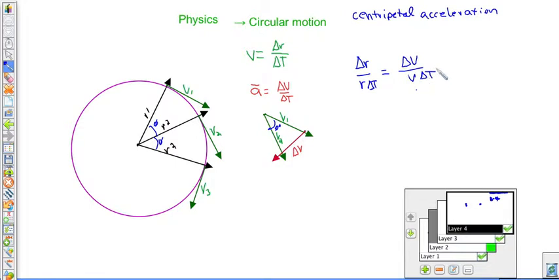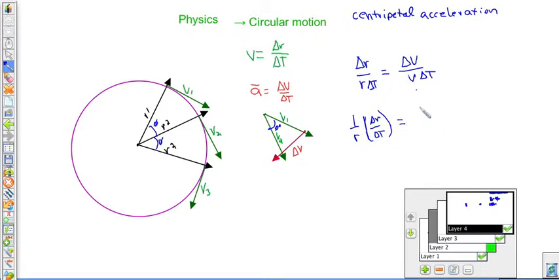So that means I'm going to go ahead and separate out this length, which is this radius one, and this length here, which is this velocity one, right? So if I do that, I'm going to get 1 over r times the change in the radius over the change in time, right? So that should be parentheses.